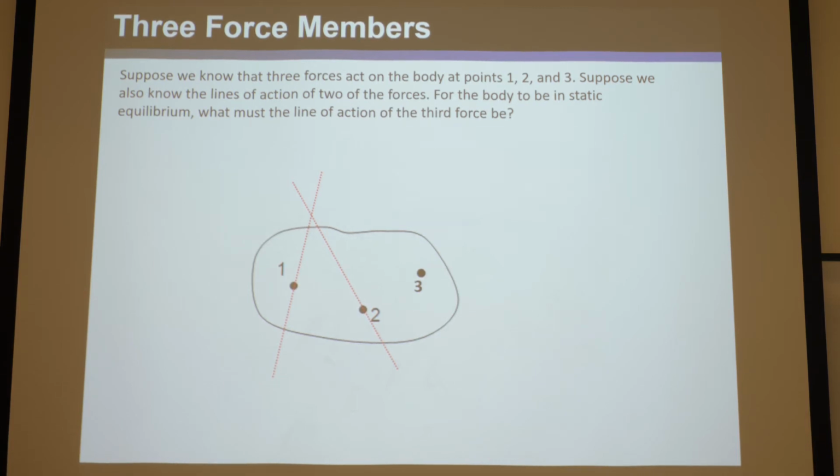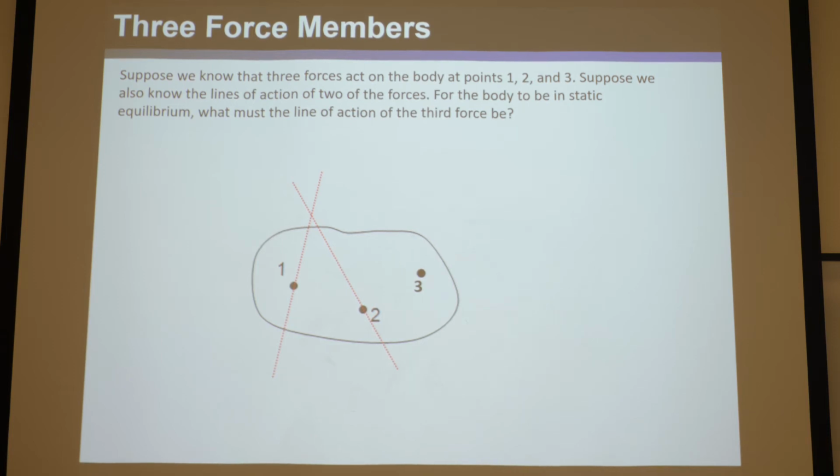Now, say the other thing you know is that the line of action of 1 and 2 looks like this. Okay? All right. If you knew that, could you deduce where the line of action of the third one would have to be if this is in static equilibrium? So again, I reiterate, you know it's a member, you know three forces act on it, you know they act at these 3 points, and you know the line of action of these two. Can you deduce where the third one would have to be?